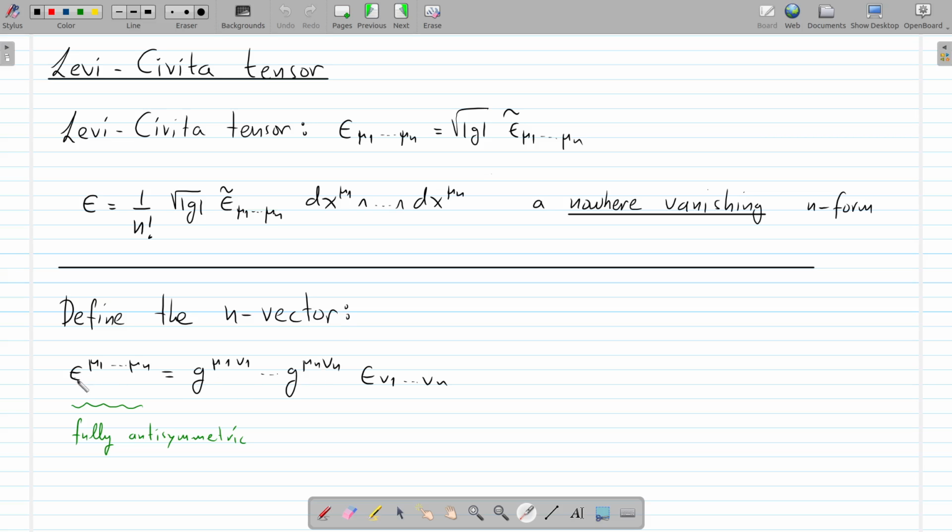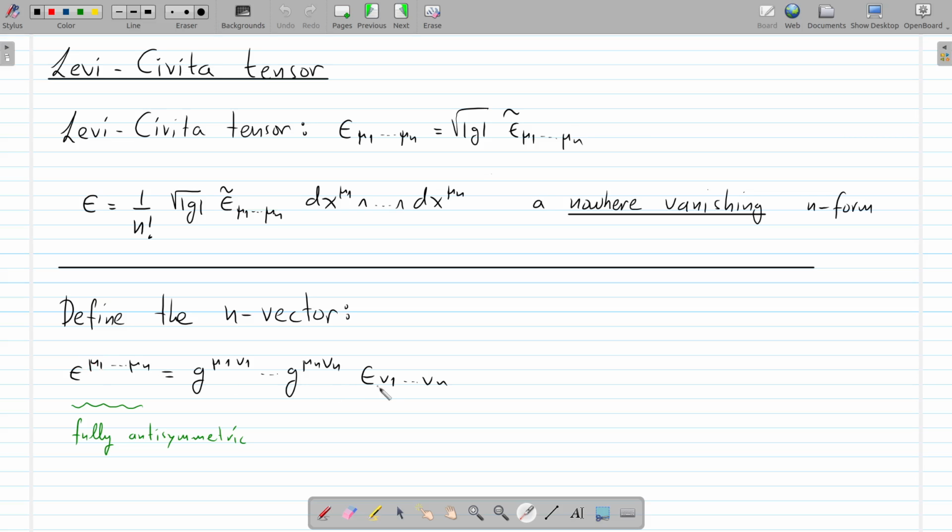So in order to obtain this n vector, we have to raise its index separately by multiplying by a factor for each index that contracts one index from the inverse metric with the chosen index, and the free index here is the new index of the object on the left hand side.